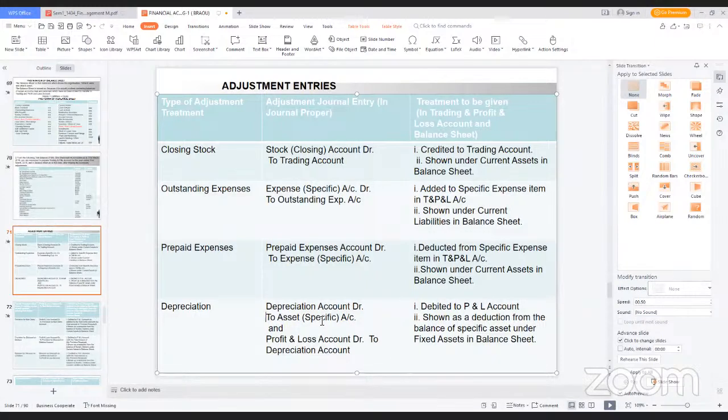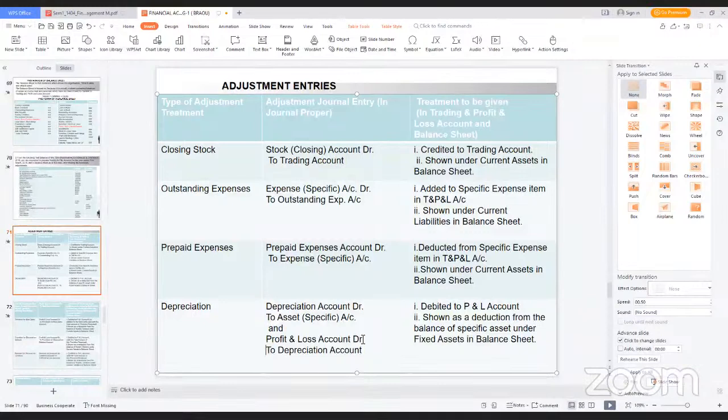It may be the machinery, the house, the furniture, or the motor car; like that, you are doing the depreciation. Or the fund you are taking in a trading account and profit and loss account debit to depreciation.